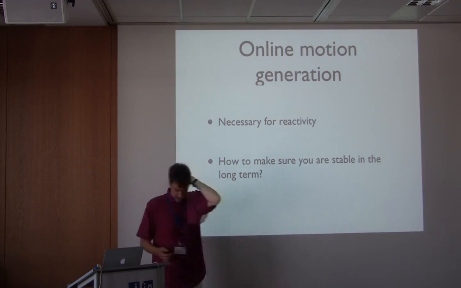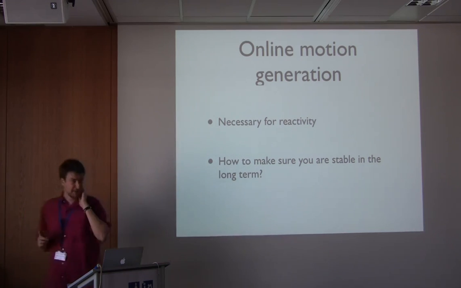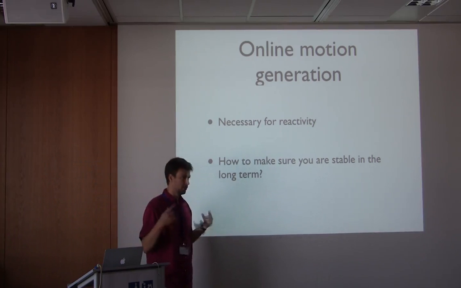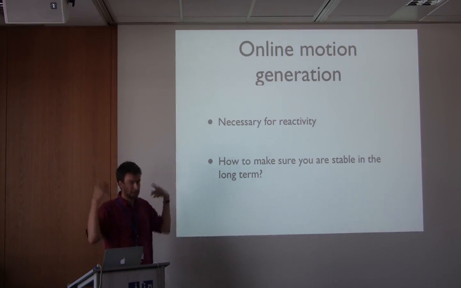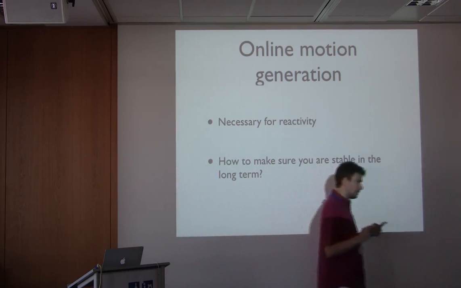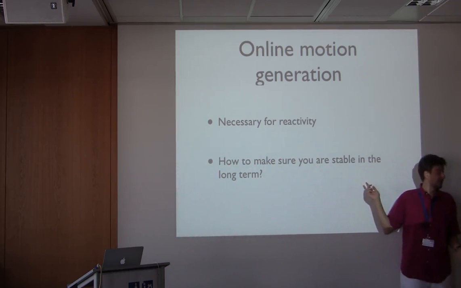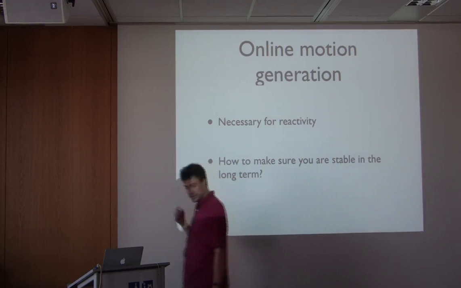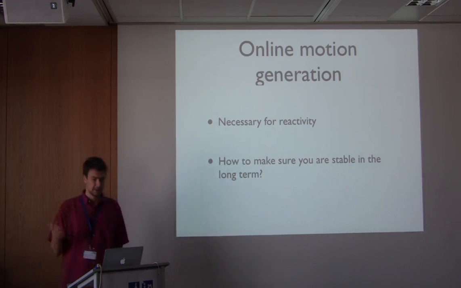The problem is, if you keep regenerating your motion, so you keep recomputing your motion every millisecond, for example, how can you make sure that you don't change your mind every time, and in the end you end up being unstable? If you say left, right, maybe you're just going to fall in the end. So how can you make sure that in the long term, changing your mind doesn't destabilize you?